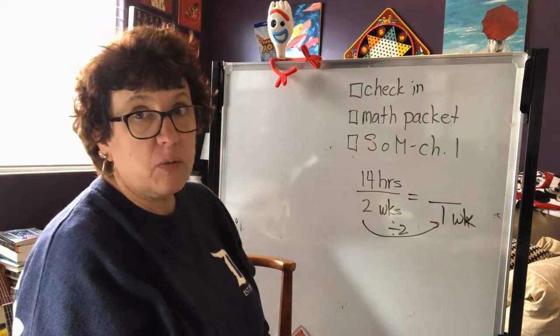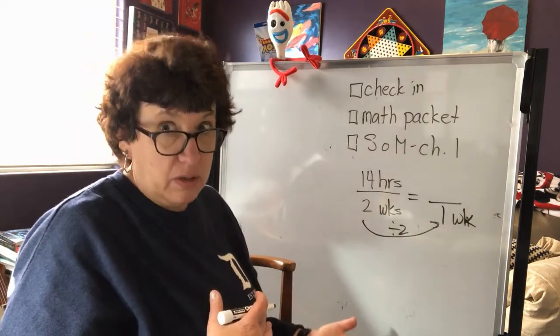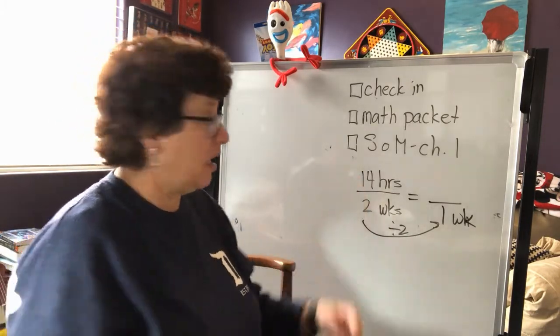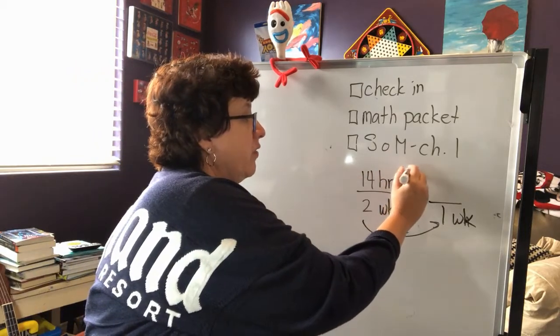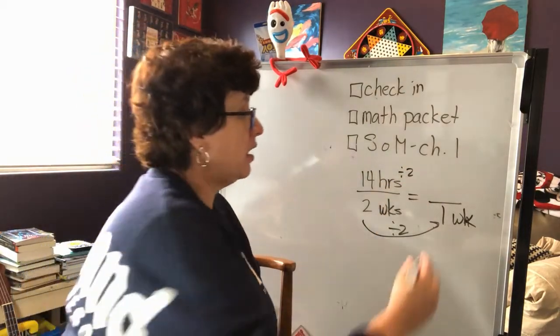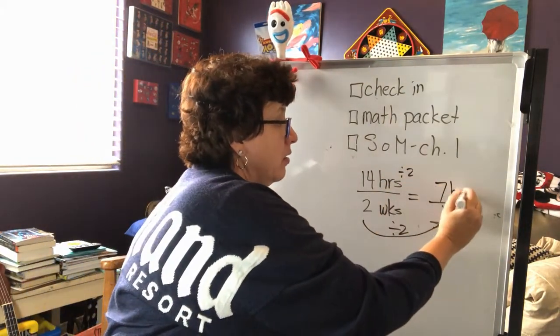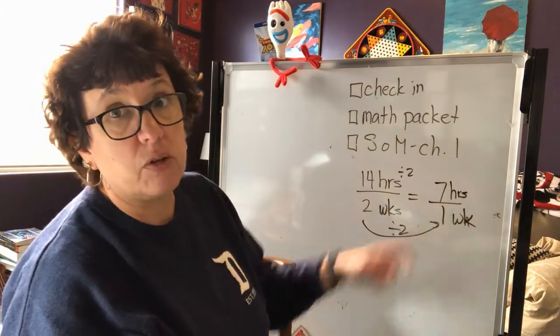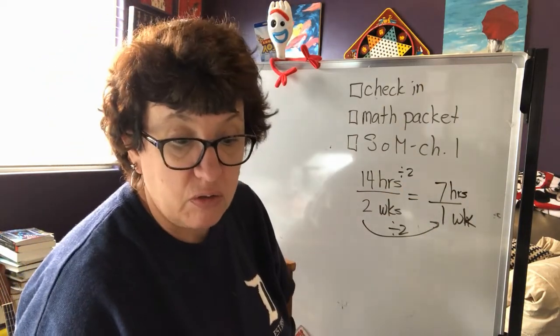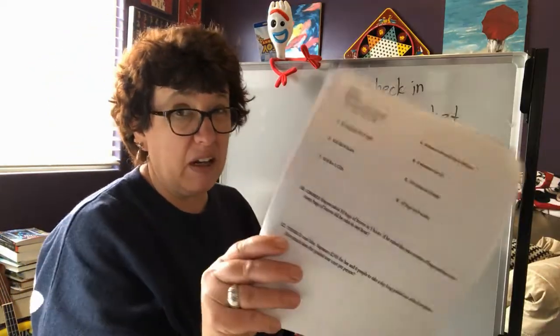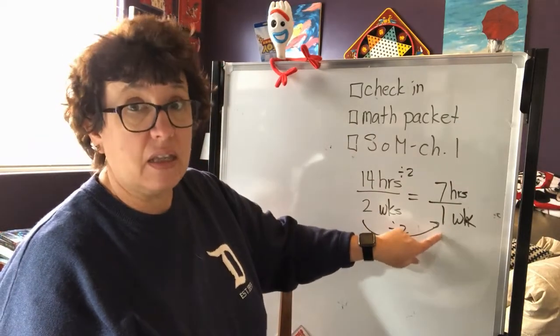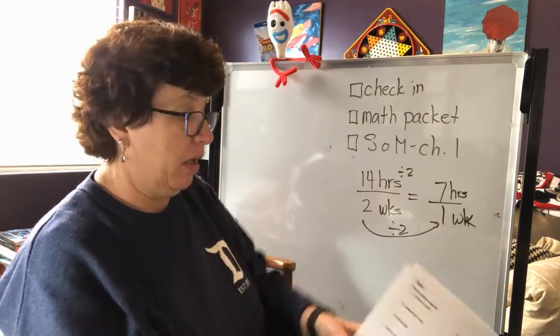What does that do for my numerator? Well, whatever I do to the bottom, I have to do to the top. So 14 divided by 2 is 7. So this person gets 7 hours a week. And that's what you do on the page about rates. Remember, rates, the key number here is 1.